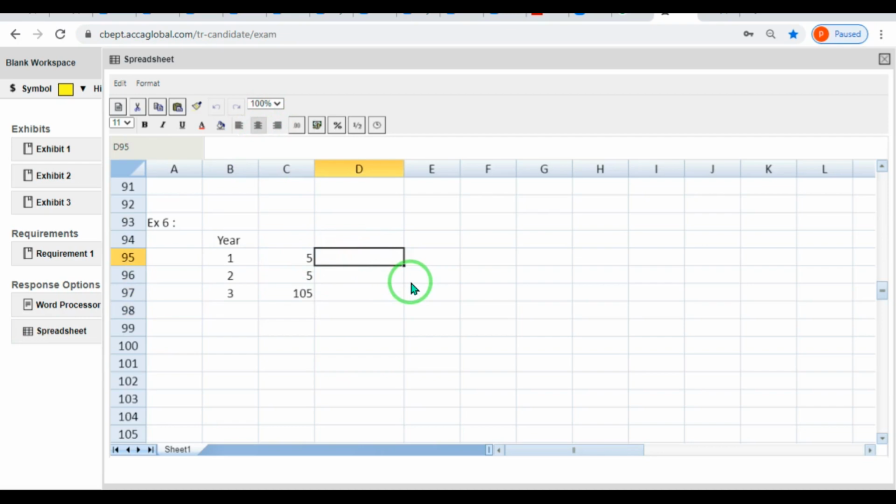And I can't use the equals NPV function because this is an annual yield, unless I have the yield to maturity, then I can use the NPV function.